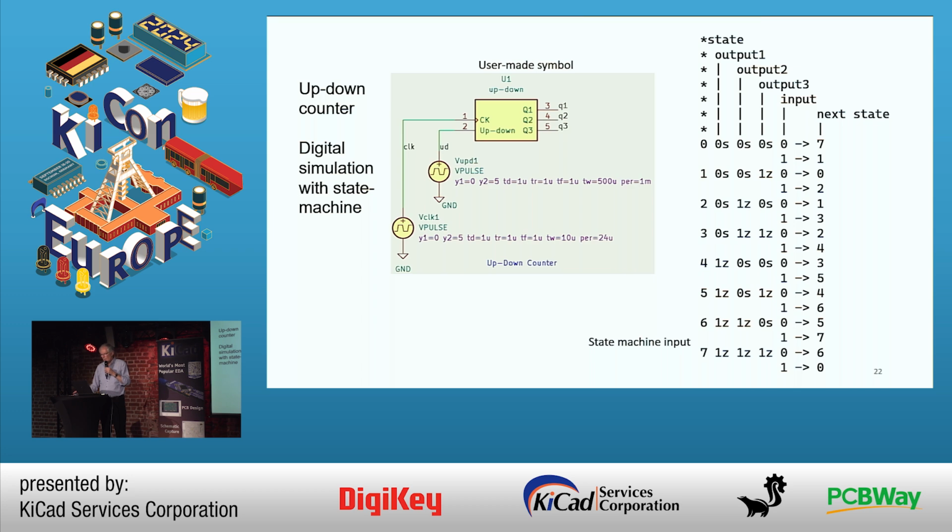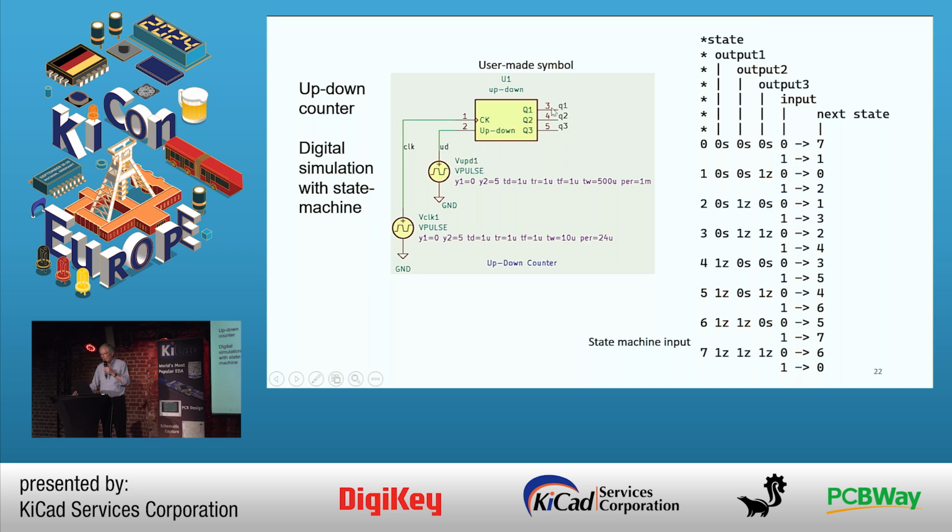Or we can use one of these ngspice models, an up-down counter with a state machine, another simply generated symbol. Input pulses, one is for up and one is for down, the other is the clock.